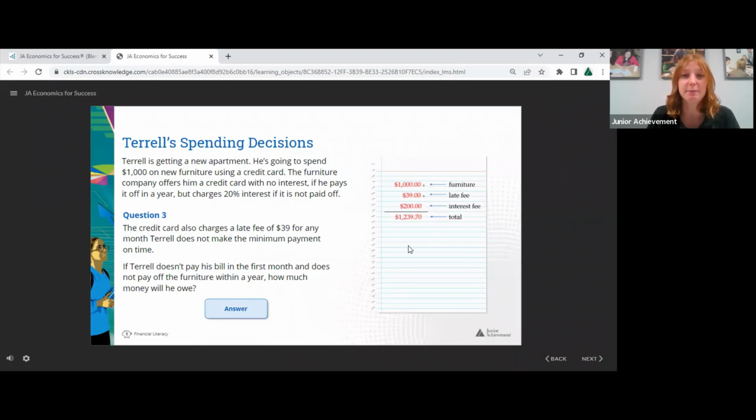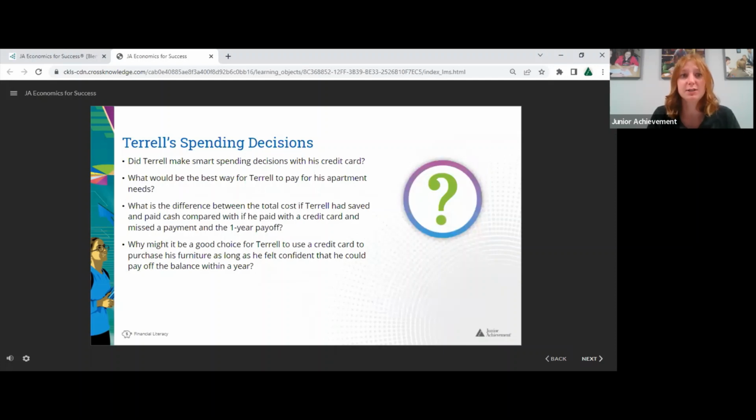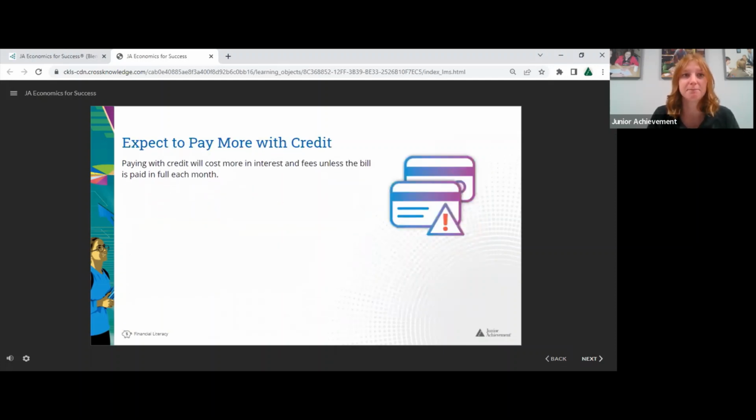So actually he spent a little over $1,200 on a $1,000 piece of furniture. So we want to talk about how if you're going to spend money on something, that's fine, but we want to make sure we're paying it off in a good amount of time so we're not getting late fees and interest fees.